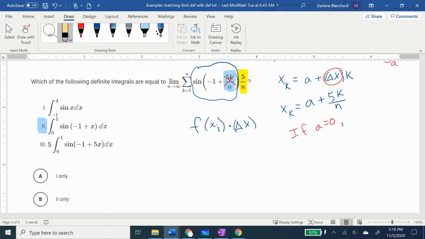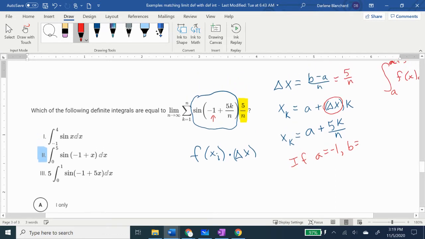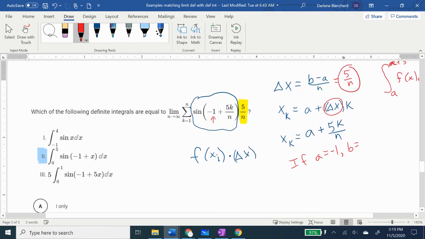And if I choose to make a be a number that I see adding directly to a 5k over n, then negative 1 is a good candidate for a. B is going to be 5 larger because I chose to use the delta x where b minus a is 5. So 5 more than negative 1 is 4.